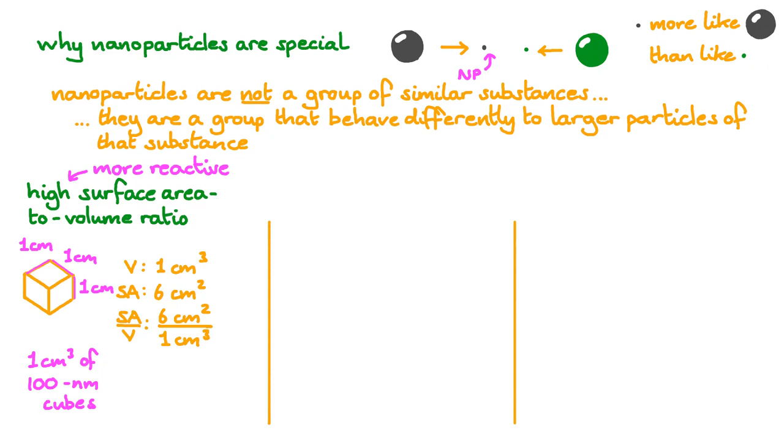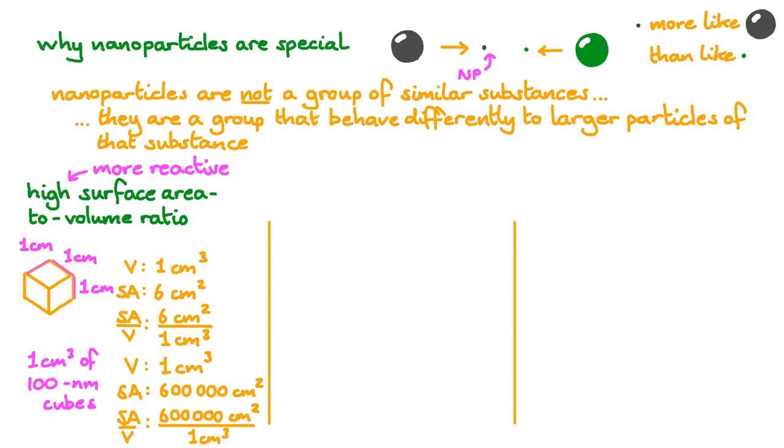Now let's imagine we've got exactly the same volume, so the same amount of material, but broken into cubes that are 100 nanometres by 100 nanometres by 100 nanometres. Like I said, we're using exactly the same amount of material, so it has the same volume. But each particle has much more exposed surface, and the total surface area is 600,000 centimetres squared.